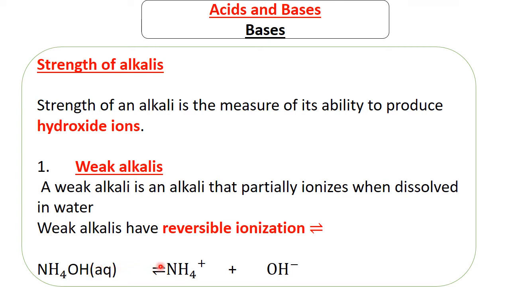If it ionizes, it gives you this ion and this ion. This process is reversible. You can combine the ions to get the original reactants. So this shows partial ionization, and if you have such a base, then just know that it's a weak one.